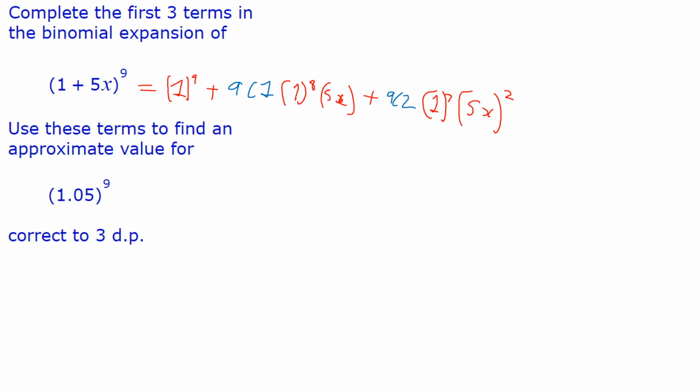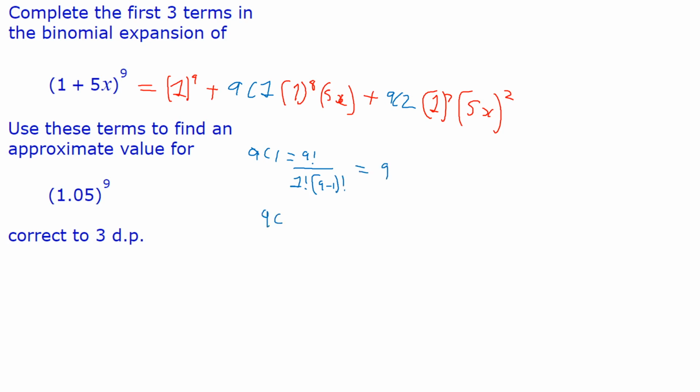What is 9 choose 1? Well, we can either plug it into our calculators or we can work it out. Let's work it out. From the last lesson, we know that 9 choose 1 is equal to 9 factorial over 1 factorial times (9 minus 1) factorial, which is just going to be 9.